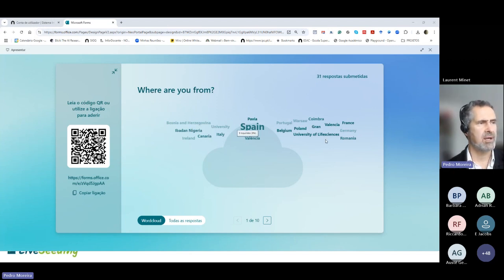As you can see, there's a big diversity in our sample, from Bosnia, Ireland, Belgium, Portugal, Spain, Italy, Poland, Nigeria, France, Romania, Germany. Sorry if I forgot some. There's a really wide audience of you, and I will go to the other questions.